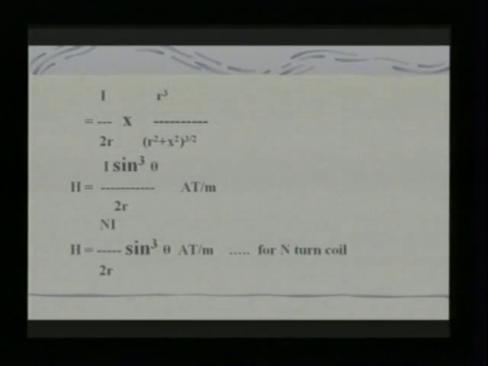Here r cube by (r square plus x square) whole to the power of 3 by 2 is equivalent to r by root (r square plus x square) whole cube, which is equal to sin cube theta. Therefore, the equation for field strength H is equal to I by 2r multiplied with sin cube theta ampere turns per meter. If the circular coil consists of n turns, then the total field strength H will be N I by 2r sin cube theta ampere turns per meter.